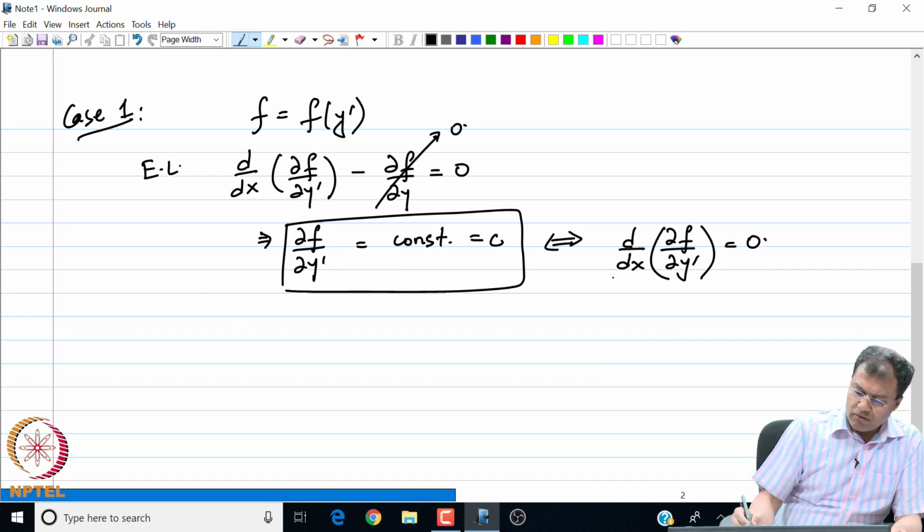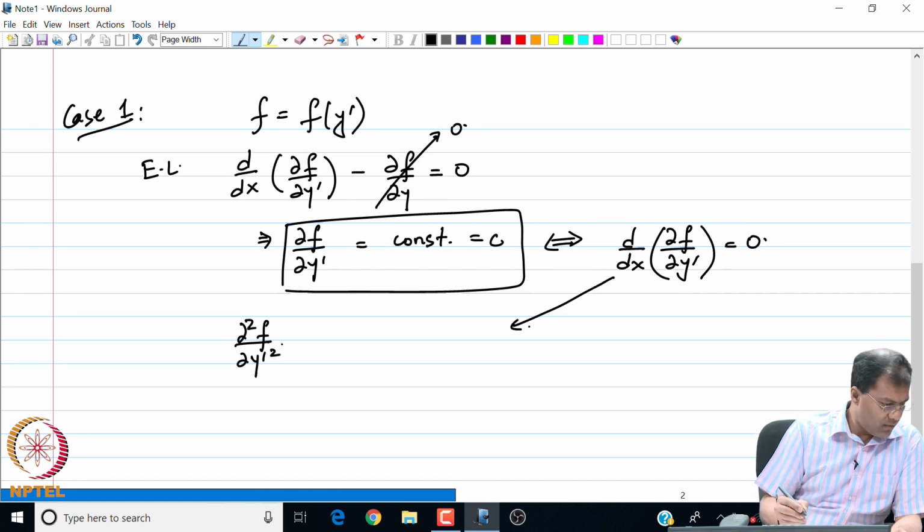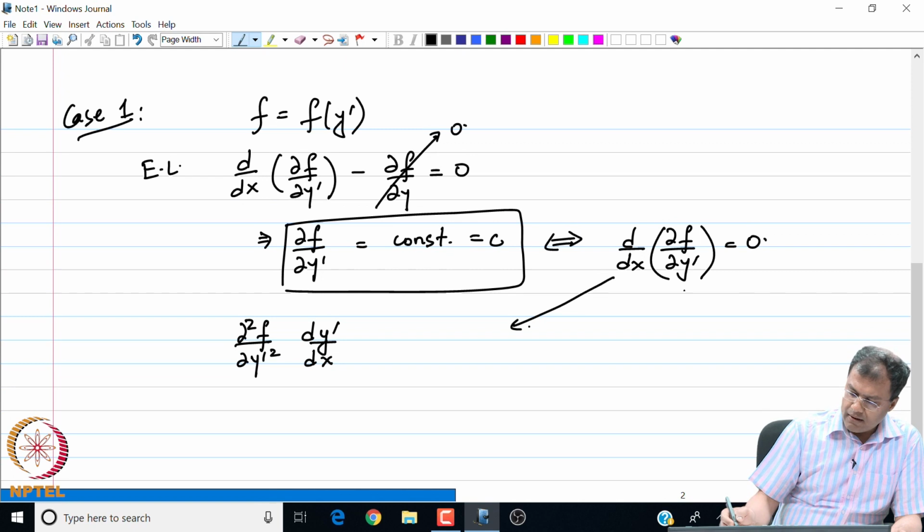So, we could possibly use the chain rule to see that this is also equal to the second partial derivative of f with respect to y prime squared times del y prime del x, right, and that is it. Because f is only a function of y prime and this is set equal to 0.